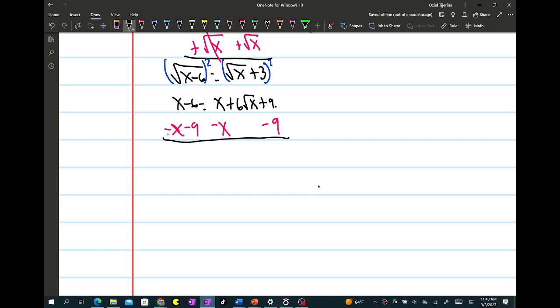So this cancels out, and we know that this cancels out, and we have negative 15 is equal to 6 square root x.